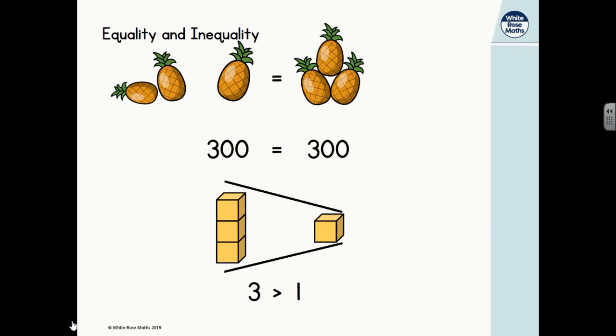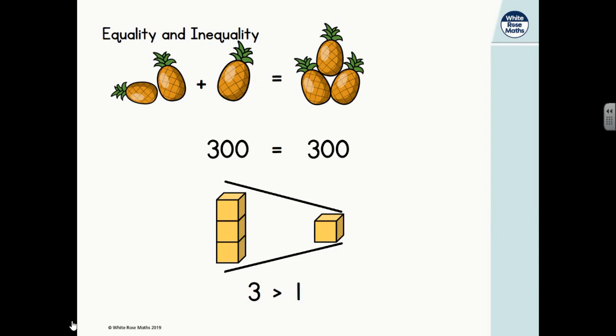I'd like to draw your attention to the pineapples at the top again. When I look at the left-hand side, I don't see 3 pineapples. I see 2 pineapples plus 1 pineapple, which is equal to 3 pineapples. I wonder if you can draw the equal sign and put things on either side that are equal, and then maybe have a go at splitting them up, like I've done. 2 pineapples plus 1 pineapple is equal to 3 pineapples.